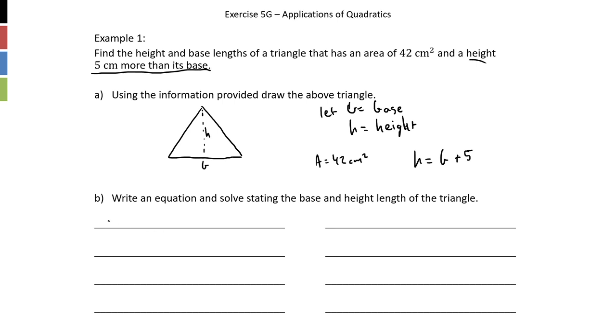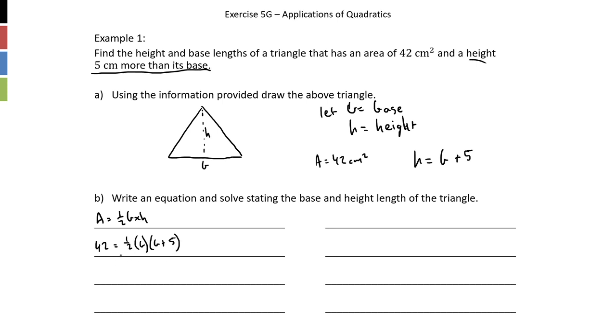So part B, write an equation and solve stating the base and height length of the triangle. Okay, so we know area of a triangle is equal to half base times height, and then substituting the values we know, we can get 42 equals half times b times (b plus 5). Okay.